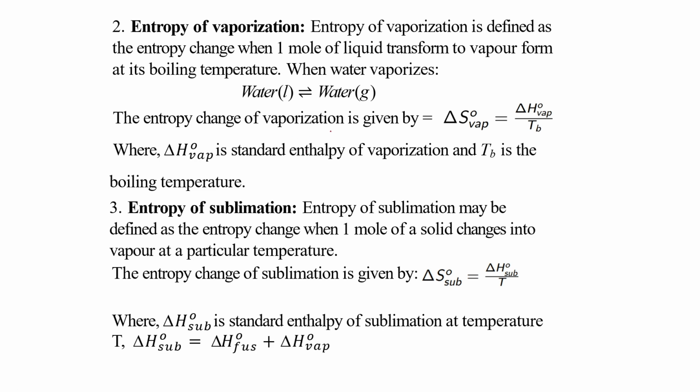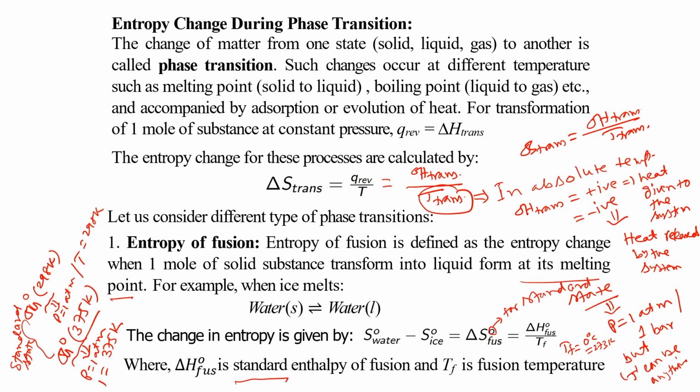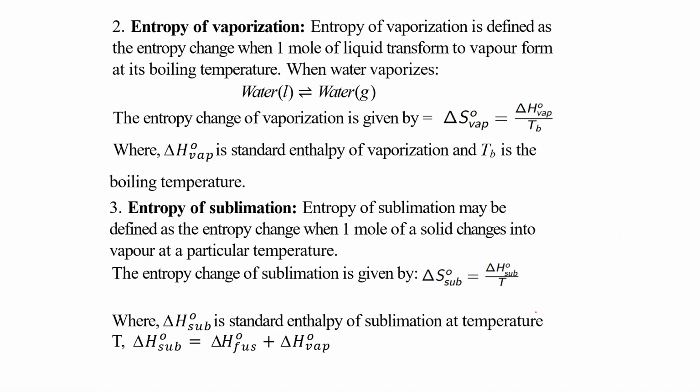Similarly, the entropy change of vaporization is given by delta H vaporization by Tb, where delta H vaporization is the standard enthalpy of vaporization and Tb is the boiling temperature. You need to consider here, solid to liquid, heat has to be given, so delta H is positive. Here also, liquid to gas, heat has to be supplied, so delta H is also positive.